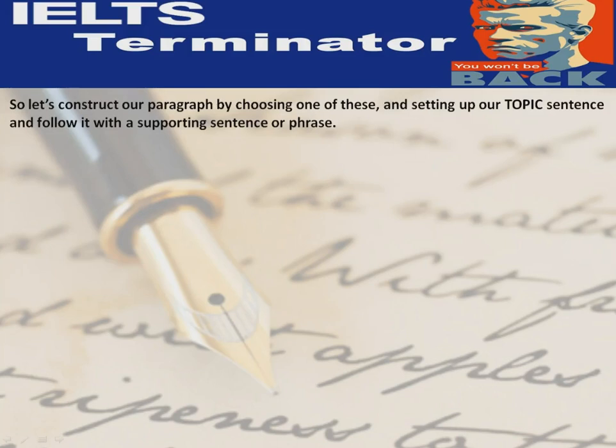Okay, so let's construct our paragraph by using one of these words and setting up our topic sentence, and to follow it with a supporting sentence or a phrase. First of all, indent. Leave a blank line and indent. Here's my idea.